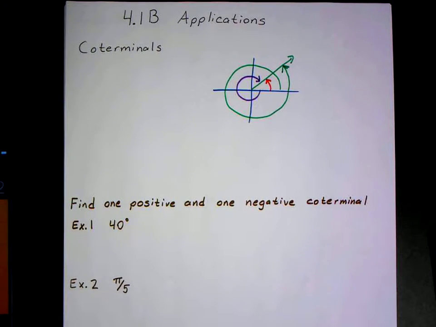So what coterminal means is you have the same terminal side for multiple angles. Because those are not the same angle, but they all have the same terminal side. They all end in the same place.